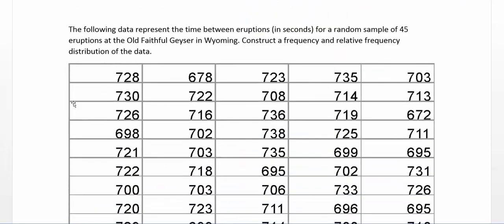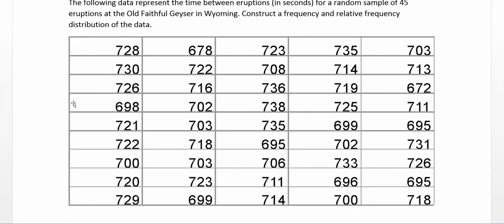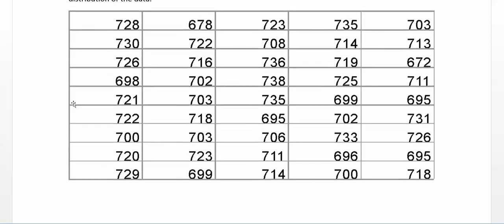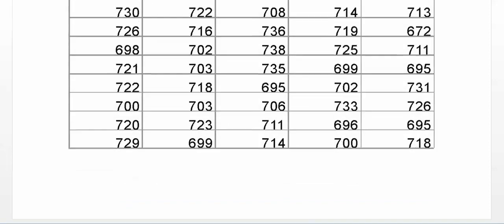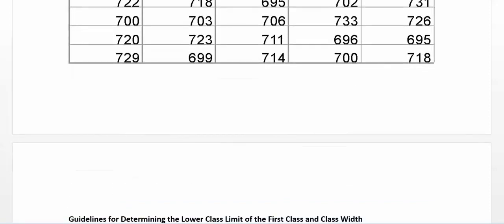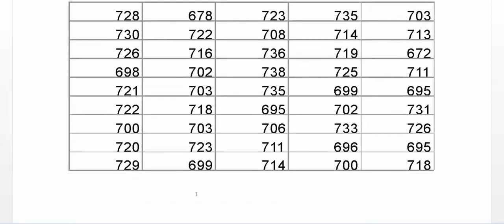Now, we're going to look at a little more complicated data. And the first thing we want to do is identify where in our number set is the largest and where is the smallest. And I'm just going to write this down off to the side here. Let's see.